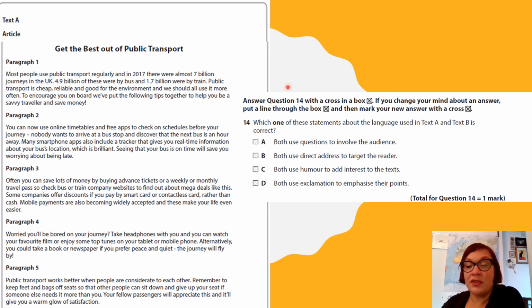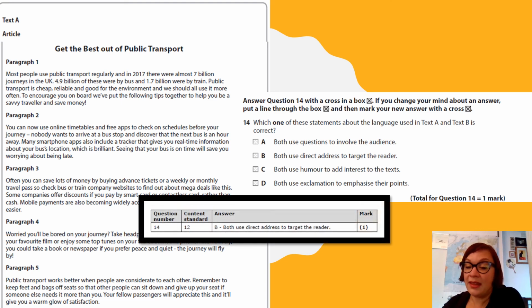Now, don't spend too long on reading through text A if this is the first time you see text A, because look, it's only 1 mark. Pause again and give yourself only 5 minutes to find the answer, and then you can play again. And there's the answer.